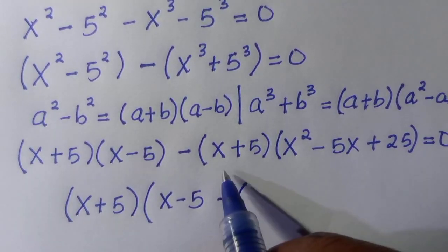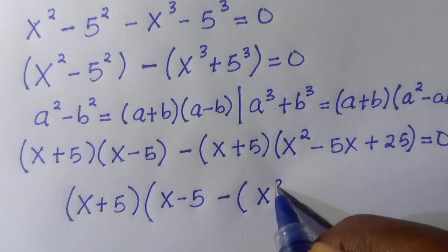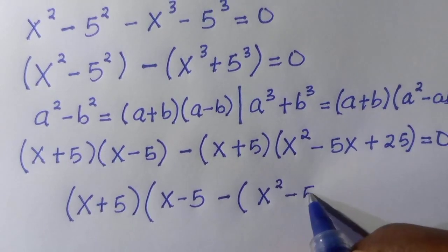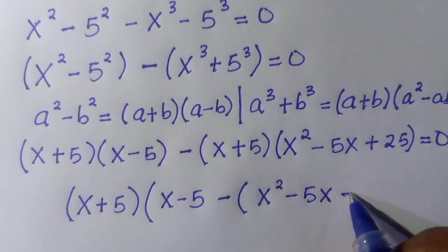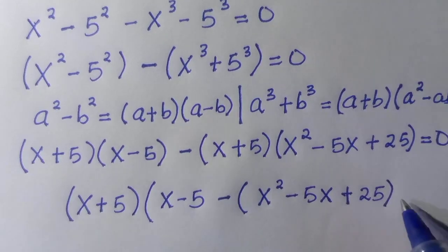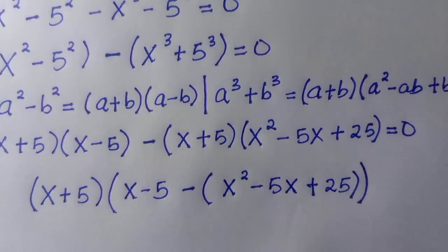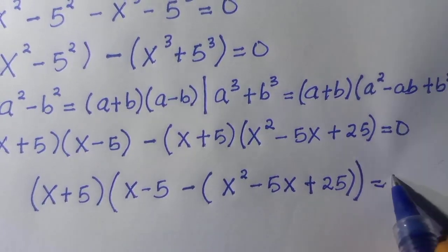By dividing this one with x plus 5, we are left with x to the power of 2 minus 5x plus 25 in bracket equals 0.